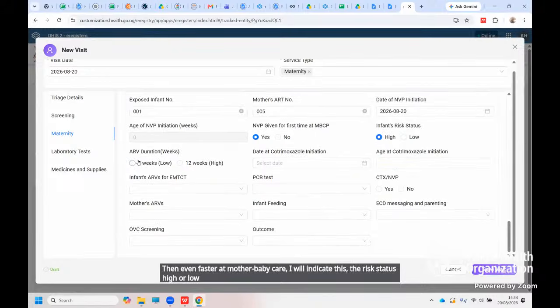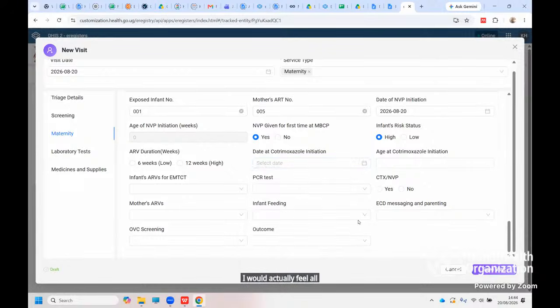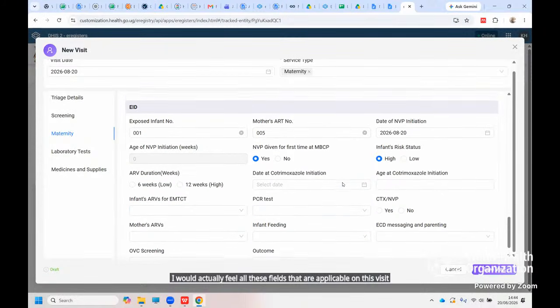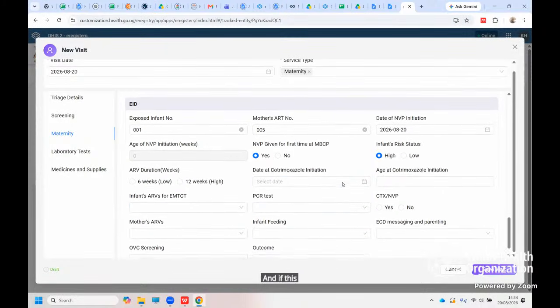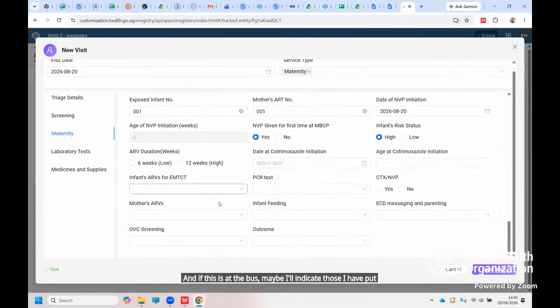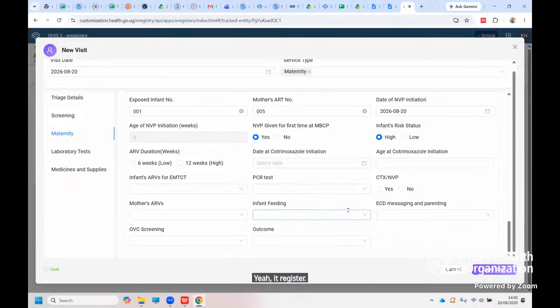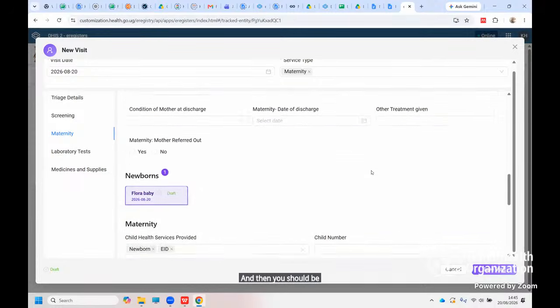And then I will fill all these fields that are applicable on this visit. If this is at birth, maybe I'll indicate those. I have put this. So you'll fill all the other things as they were in the EID register or EI chart, and then you should be able to save this child.